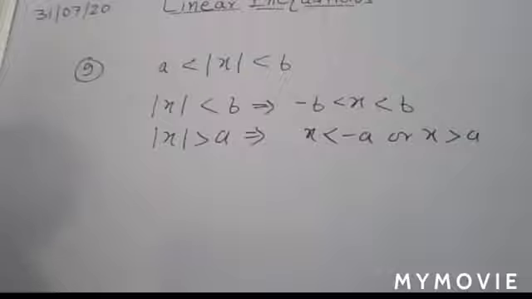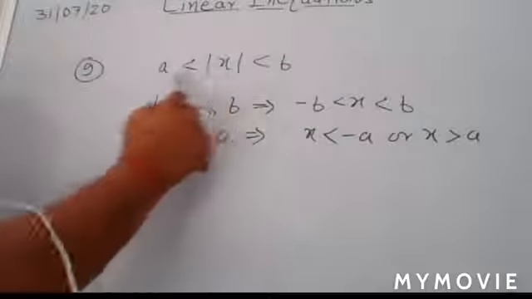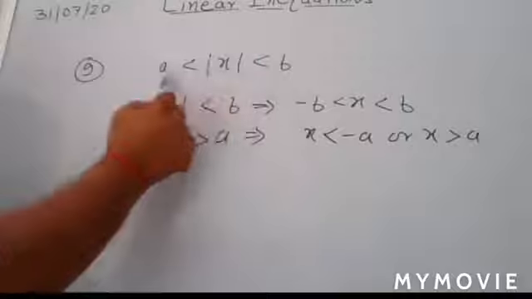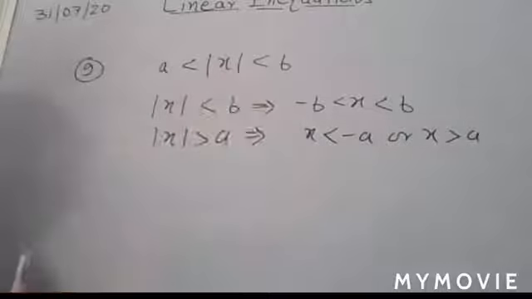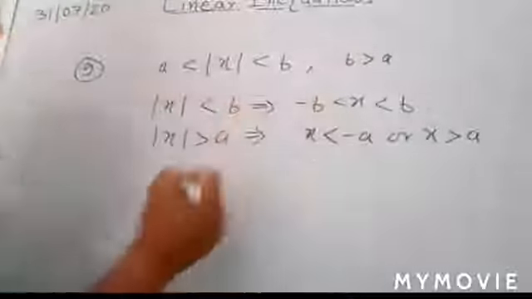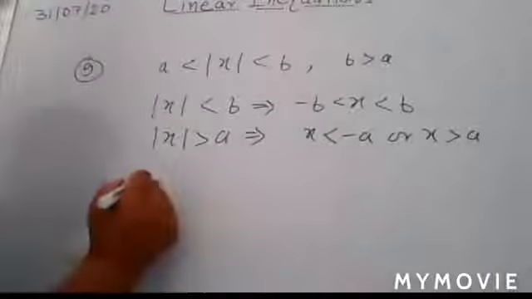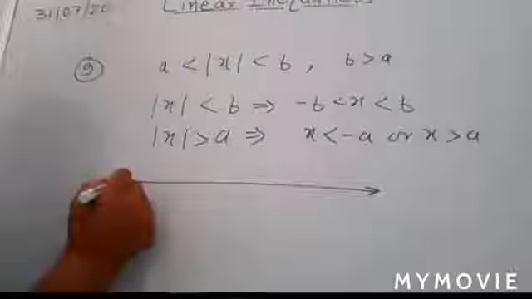So first of all, draw a number line. Suppose you have written here mod of x is greater than a and less than b. No doubt this shows that b is greater than a. Now draw a number line.